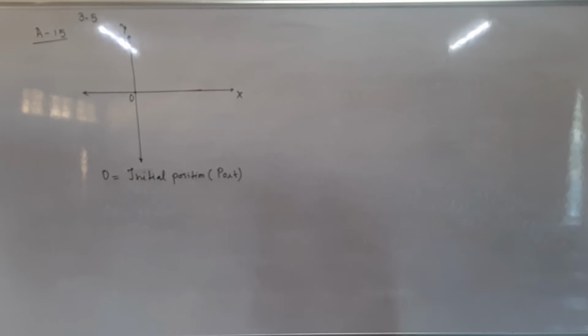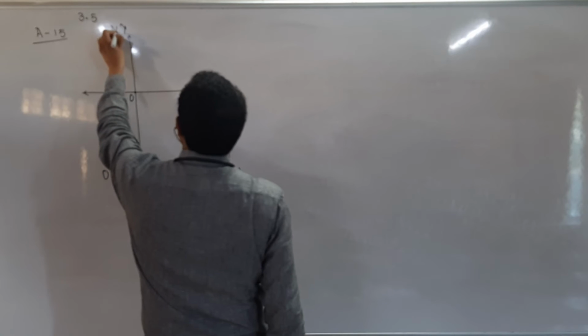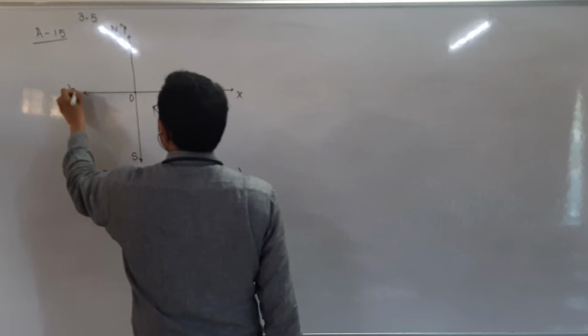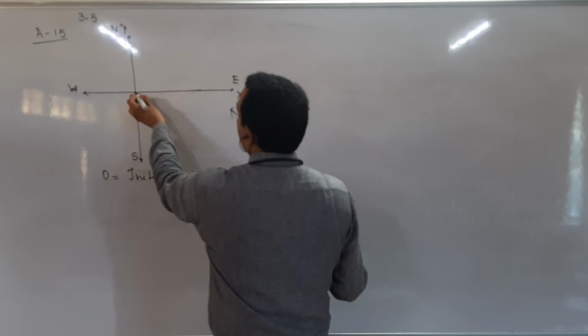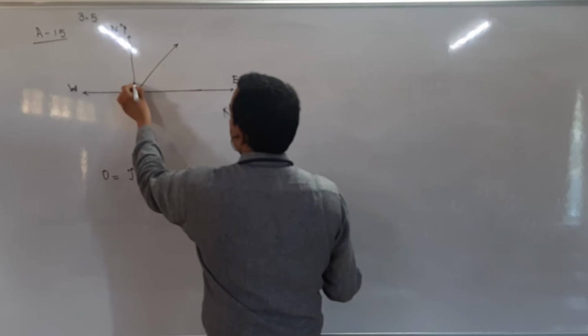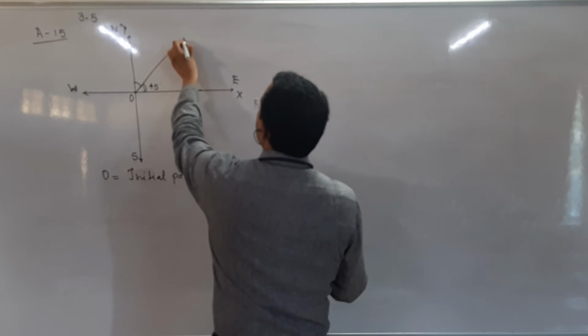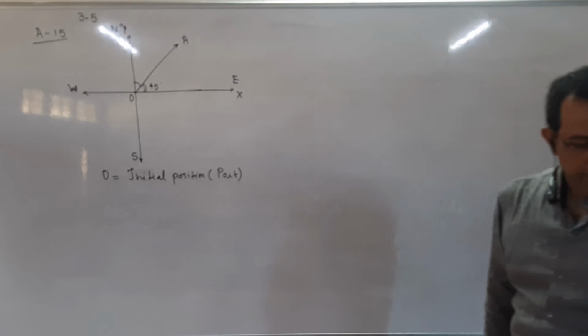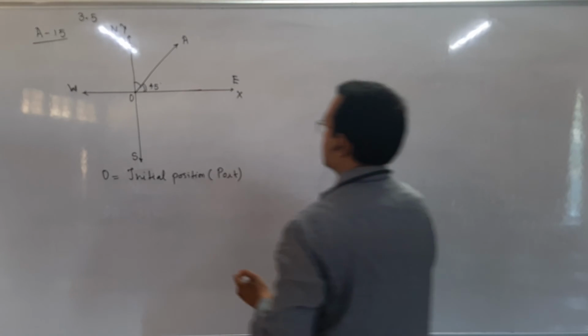Now, one goes 24 km per hour in the direction of north, making 45 degrees with the east. Now all of you know this is north, south, this is west, and this is east. So north making 45 degrees with the east means this angle is 45. And the other travels 32 km per hour in the direction of south, making 75 degrees with the east.